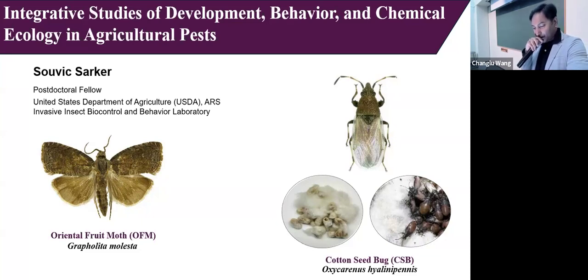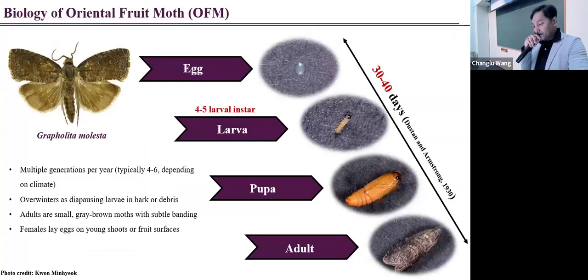So at first I want to describe the Oriental fruit moth part, and then later I'll discuss the cotton seed bug. This is the biology. This moth has four stages, as you know: egg, larva, pupa, and adult.